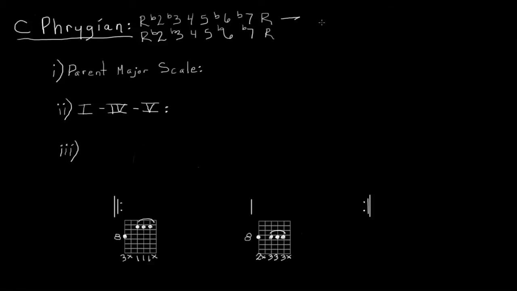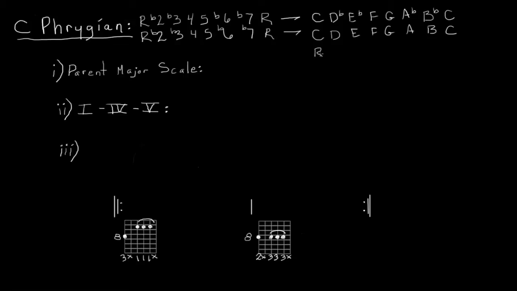If we look at the notes in C Phrygian mode, they are C, D flat, E flat, F, G, A flat, B flat, and C. And if we compare these notes to a C major scale, which has C, D, E, F, G, A, B, and C, we compare each one of the notes individually.